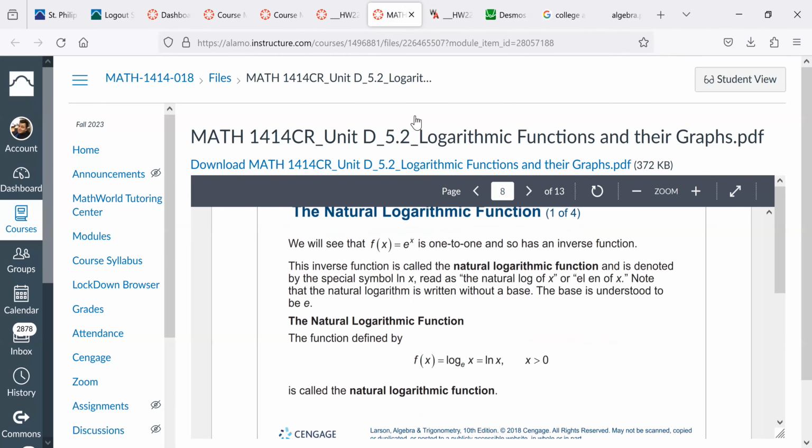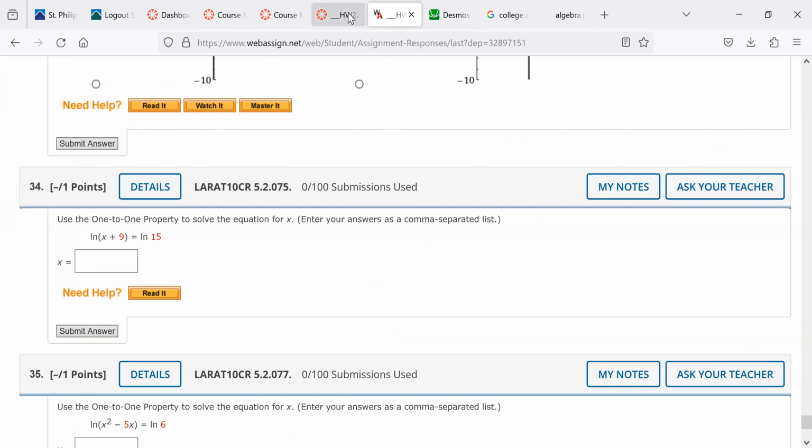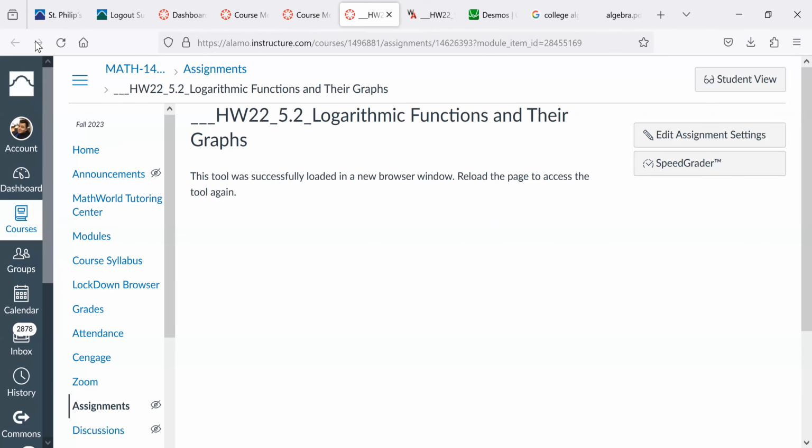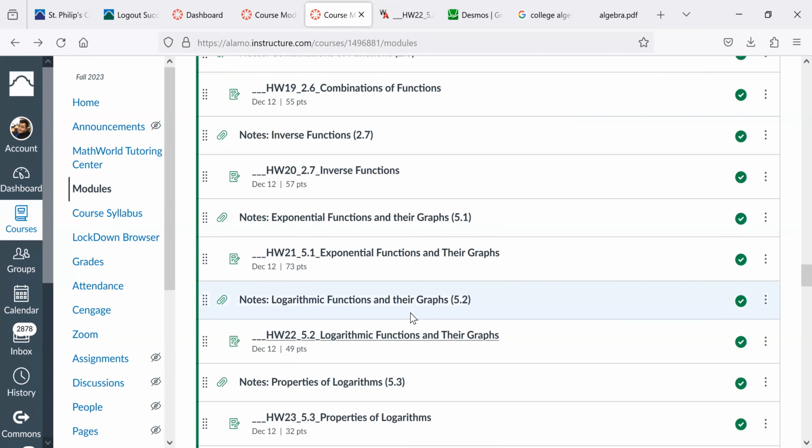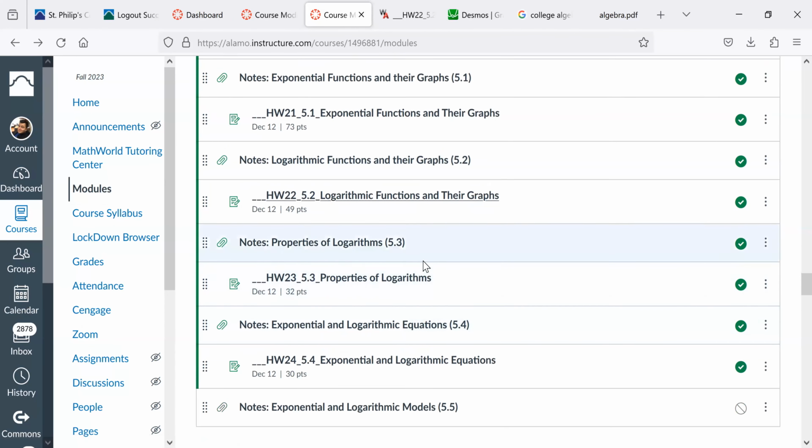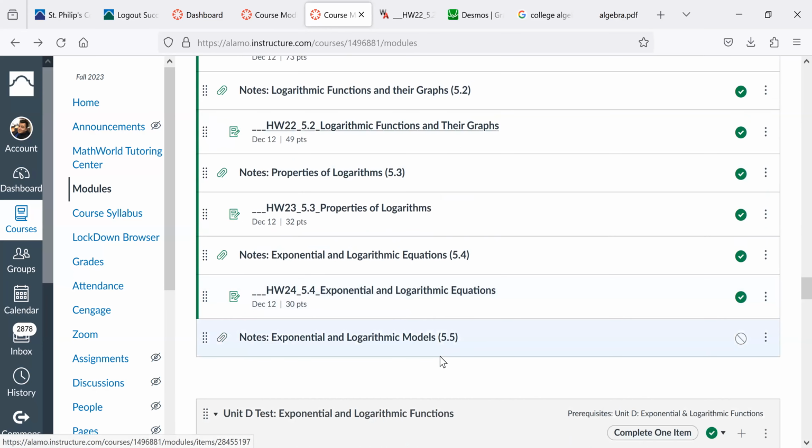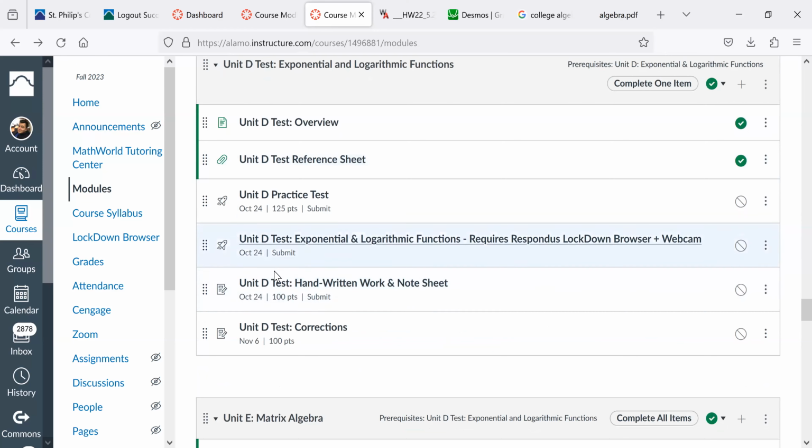It'll get a little harder in 5.4. We'll be using a lot of the properties, so try to get comfortable with all the log properties and exponent stuff for next time. 5.4 will be a little more involved. And I think that's the last section for the next test, which we'll figure out as well.